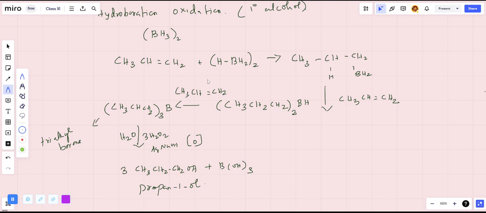Because this is a negative part and this one is a positive part, the boron attaches with the less hydrogenated carbon, so it goes with anti-Markovnikov rule. The alcohol obtained is in very good yield. This method gives a good yield of alcohol.